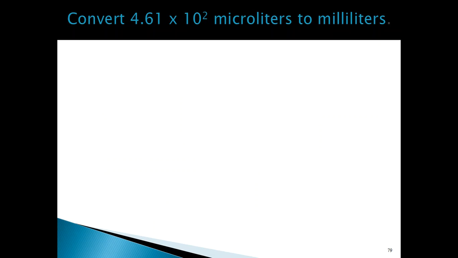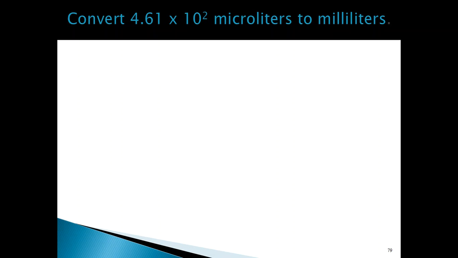Now let's talk about some conversion examples. This one is a bit more complex than the ones that we have seen before, because in this case we're going from microliters to milliliters. You may not know, and I certainly don't, at least not off the top of my head, the direct relationship between the microliter unit and the milliliter unit.